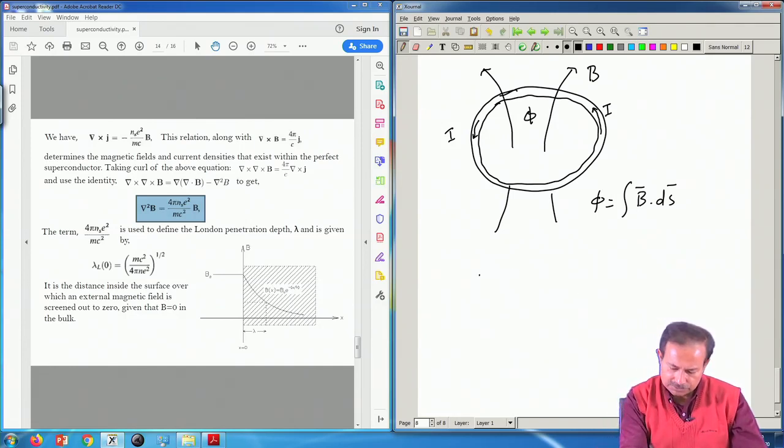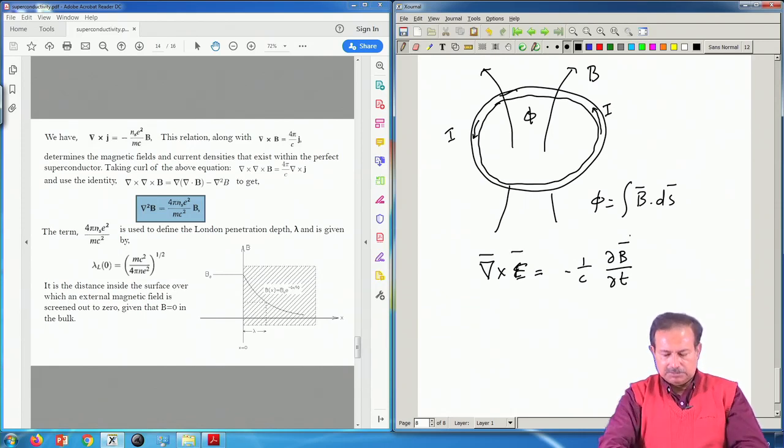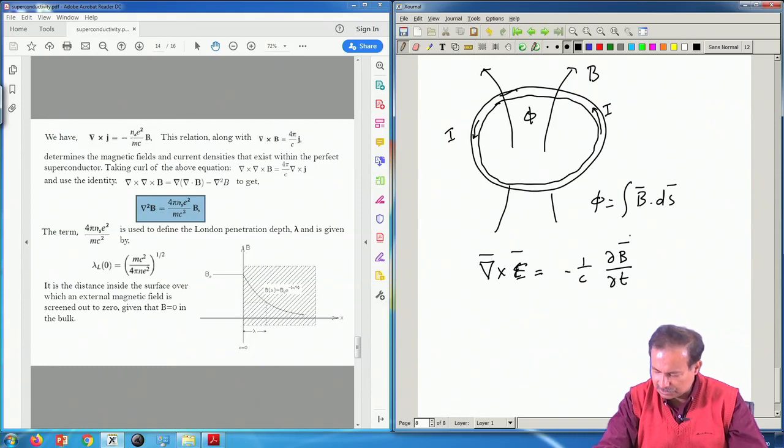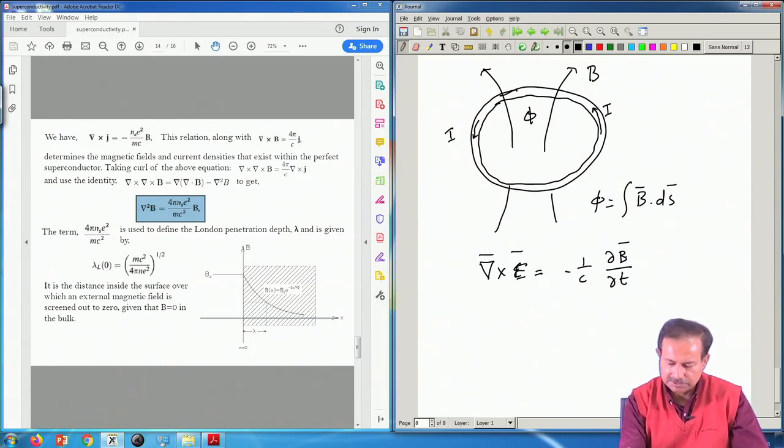This you know already. Now, we also use this equation, curl of E is equal to minus 1 by c del B del t. This we have been using consistently.